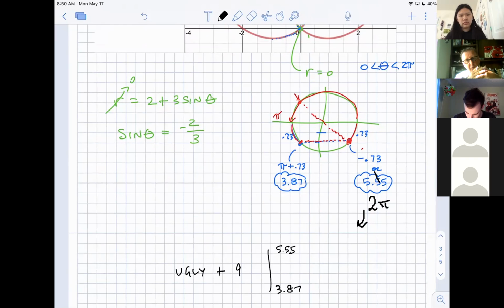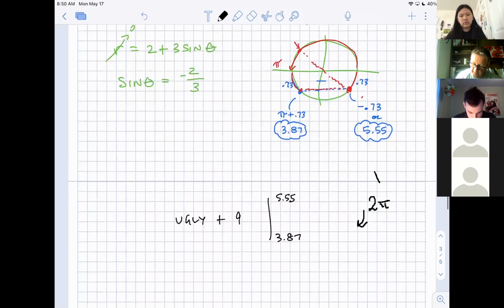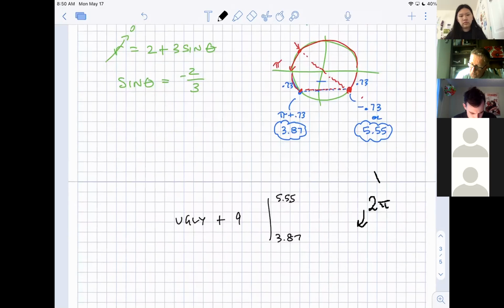Definite is when we don't just say what's the formula for all areas, it's what's the actual answer for this particular one. Well, when you plug 5.55 in, don't you get some ugly number with 5.55 in it, and then you have a plus C? And then you say minus some other ugly number with 3.87 in it, and then there's your plus C again. Well, what happens to those constants?